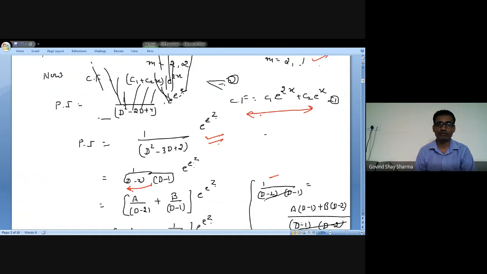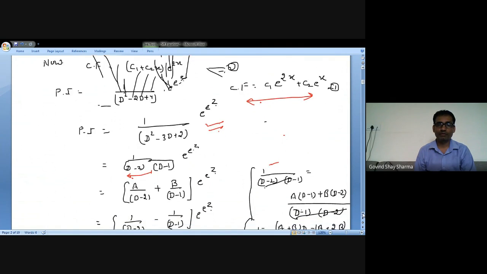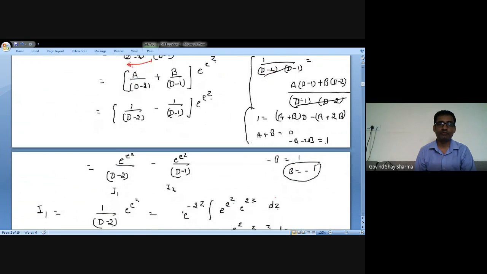By partial fraction method we can write A upon D minus 2 plus B upon D minus 1. We find the values of A and B and write like that. Now this term we take as I1 and this term we take as I2.